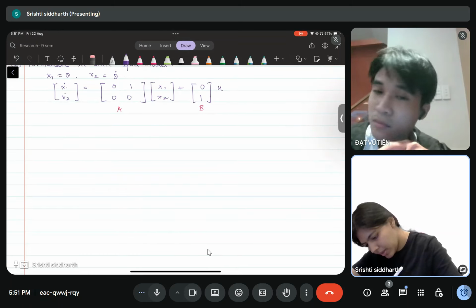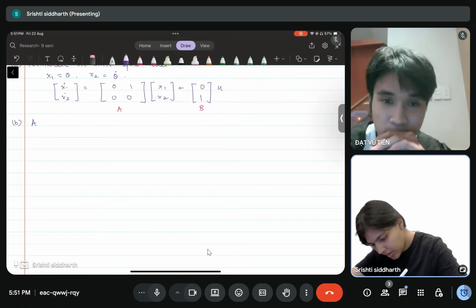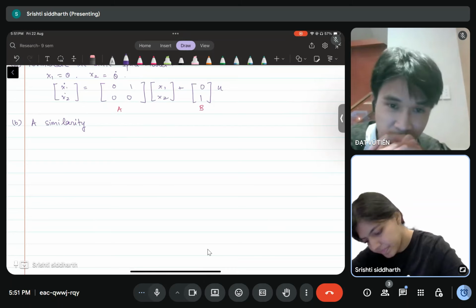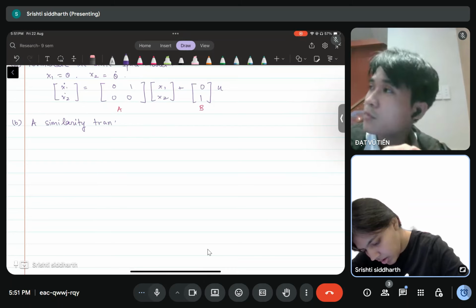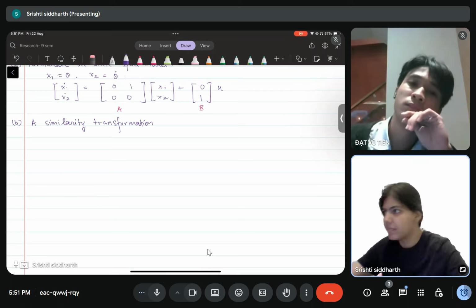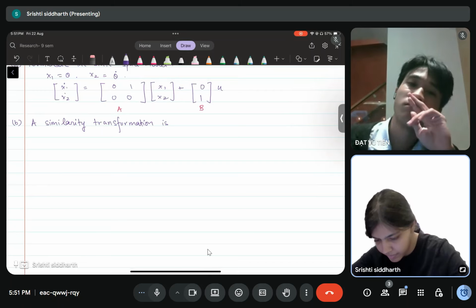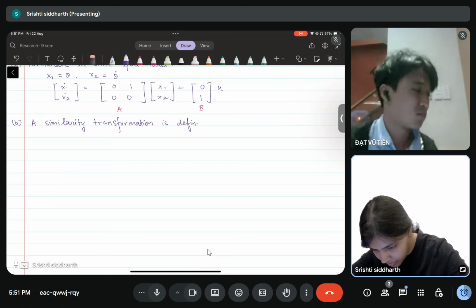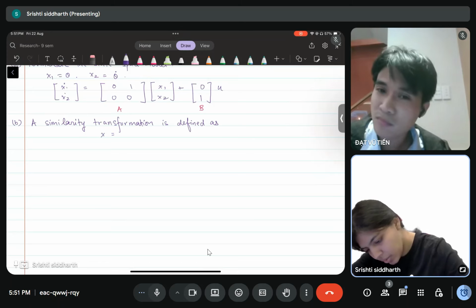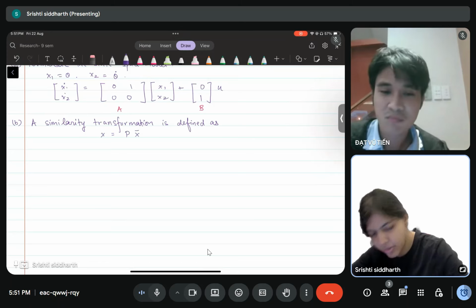Let's look at some transformation, a similarity transformation. It's as old states equal transformation matrix times new states.